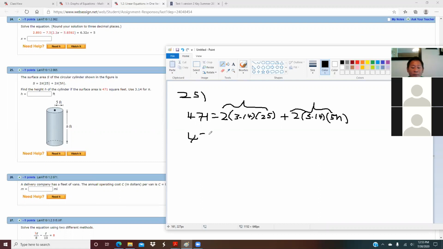So 471 is equal to 157. And then you do the same thing on this one, 2 times 3.14 times 5. Don't forget that 5 is a part of the number. So this is 31.4h. And the rest, you guys know how to solve it, right? Just solve for h in this case. And yes, you need to use your calculator in this case.